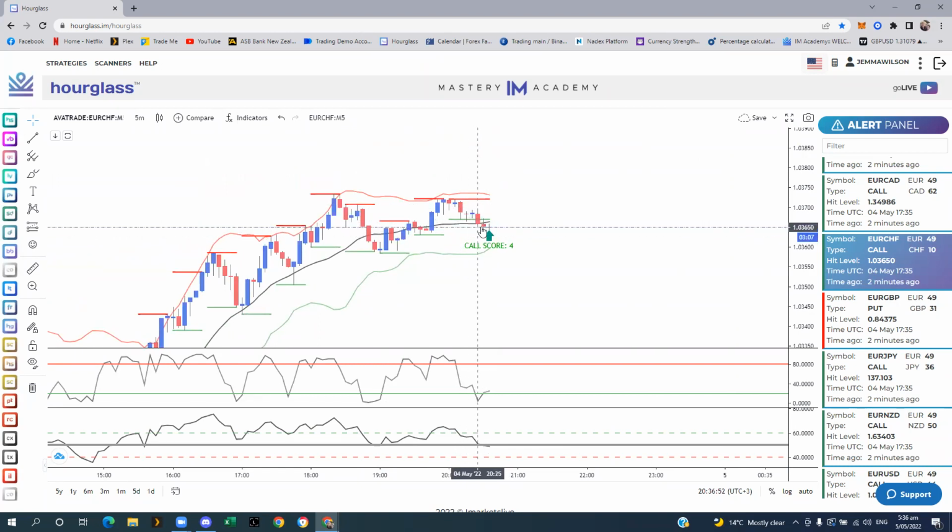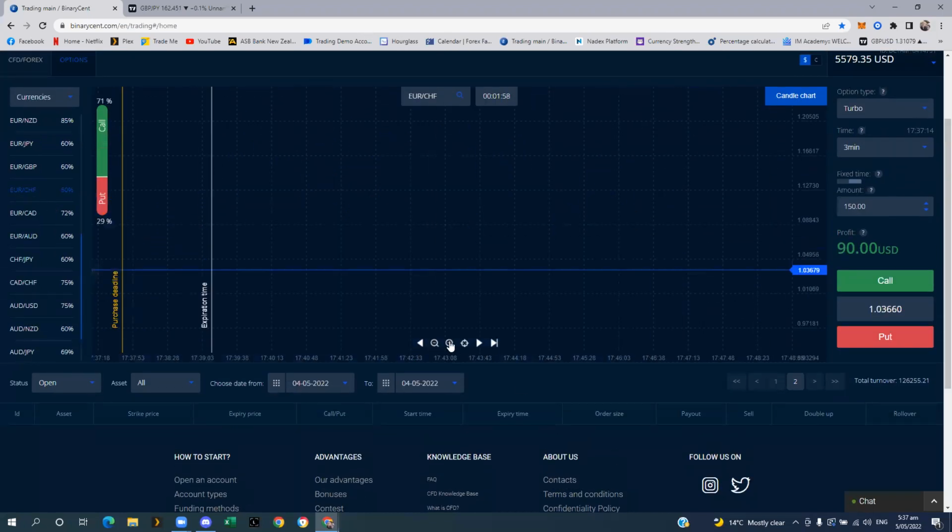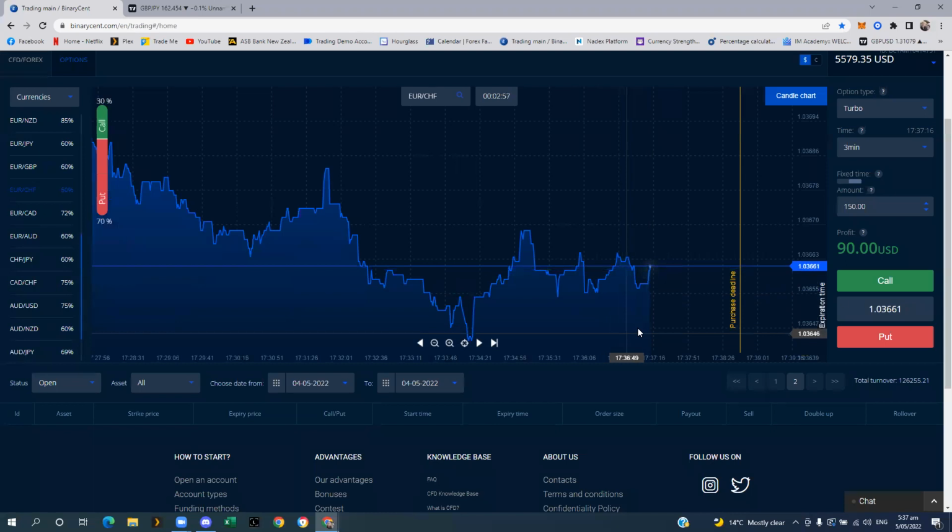If it's getting close to a previous resistance, you can take that. Right now it's still quite far away. The next one would be this support line here, which is 630. So you could do Euro CHF 630, but I think it's a little bit far away, so we'll skip that one.